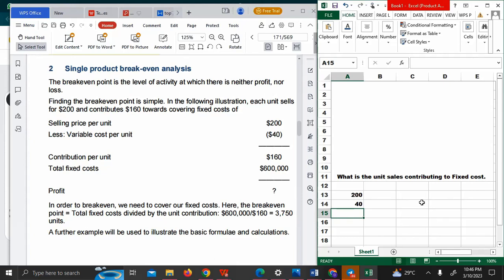And then you have a fixed cost of, let's say, 600,000. The idea of contribution is this: when we deduct this from this, it means each sale that we make is contributing 160 to reduce the fixed cost.